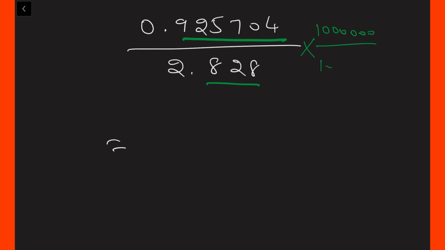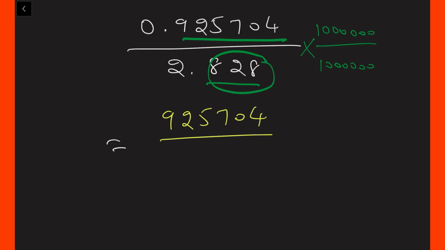Now the numerator we are multiplying with 6 zeros, so the decimal will be completely removed. Then we will get 925704, divided by, whereas in the denominator we have only 3 digits after the decimal but we are multiplying with 6 zeros, so 3 more zeros will be extra. That will become 2828, 3 zeros extra, 000.